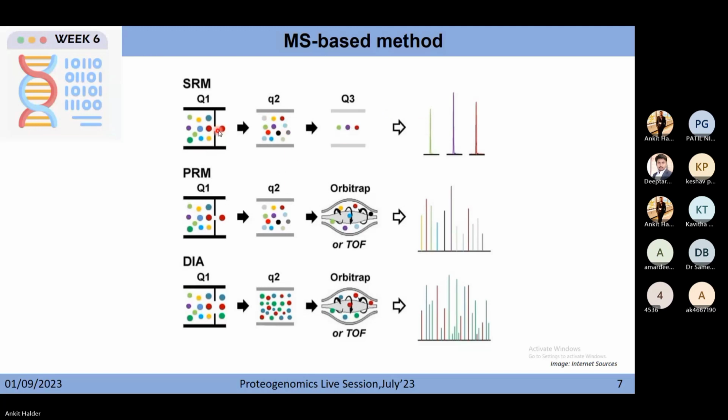So you can see that whichever fragments are allowed go to the detector and get detected. This is known as your triple quadrupole mass spectrometer, where you have two quadrupoles with one collision cell, which allows you to detect in the mass spectrometer only those particular peptides or proteins that are of your interest.